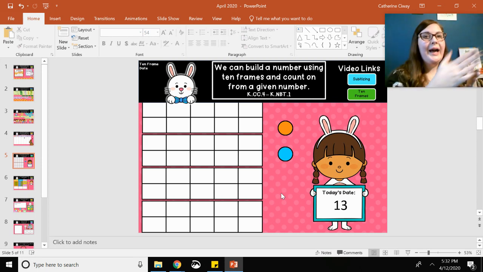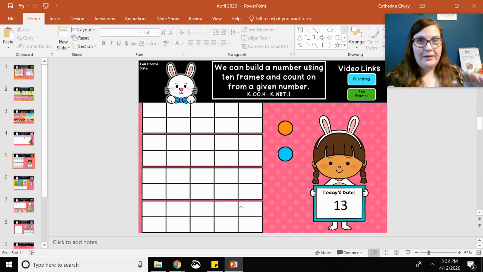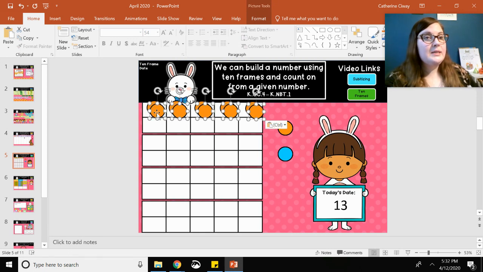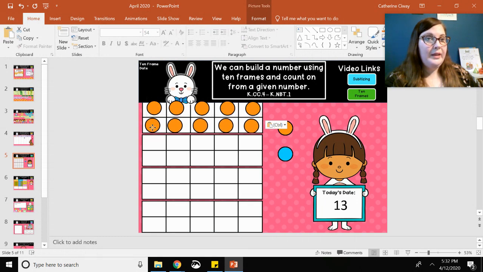So that means that I have to put a group of 10 in my 10 frames. So I'm going to have one full group of 10. That means I'm just going to put some orange circles to fill a 10 frame. Last week when I did this, I only did a group of 5 in orange, and then I switched to blue. But because this is a whole 10 frame we're filling, I'm going to keep it all the same color.